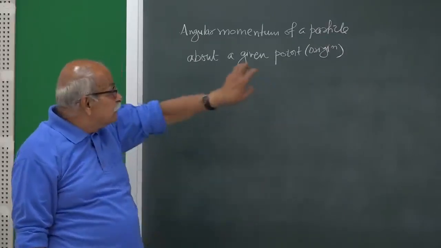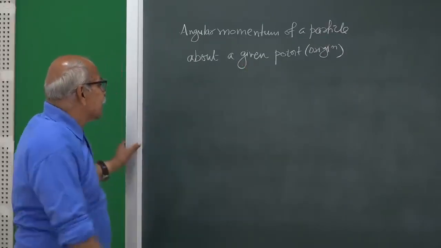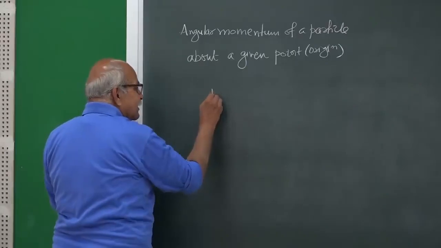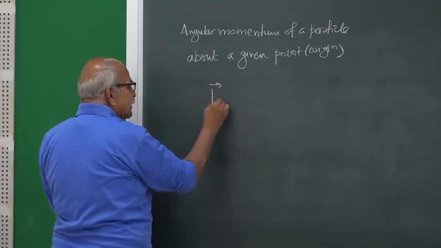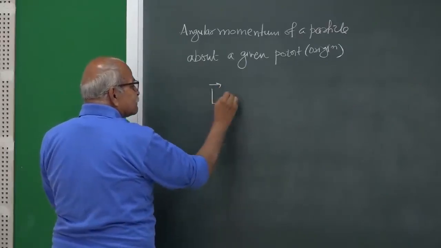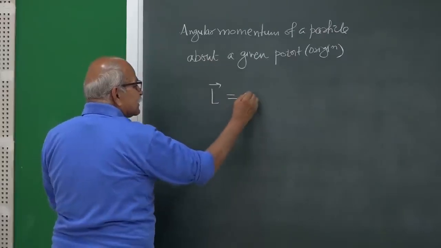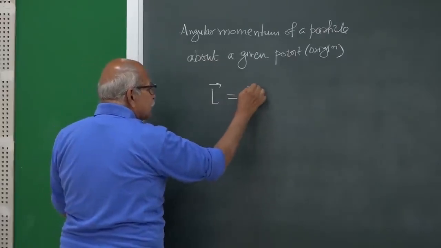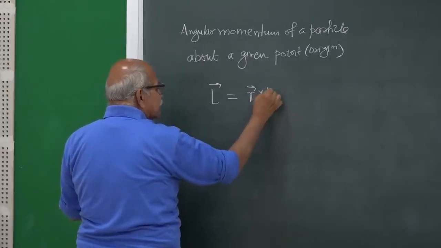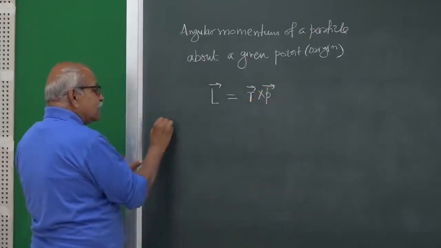So, the definition includes this point, and that is given by, we write it L with a vector sign, this is a vector quantity, and this is r vector cross p vector. What is r vector?